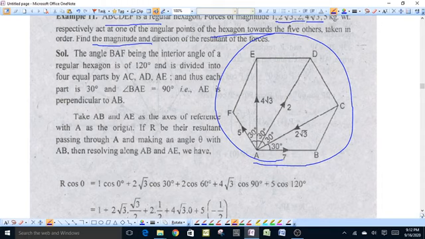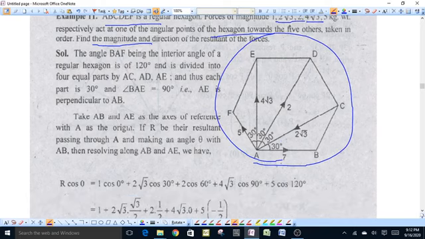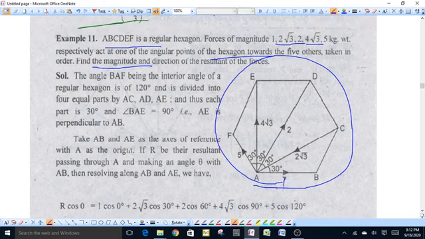We are given that a force of 1 kilogram weight acts along AB, 2 along AC.